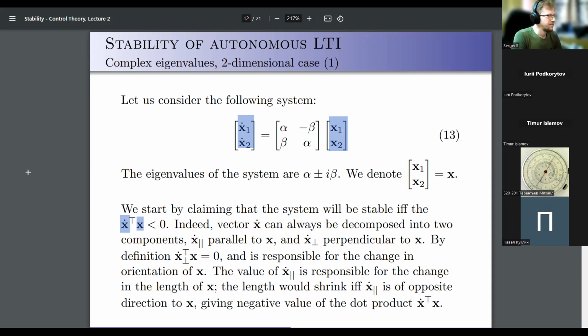How can we prove it? Well, x dot as a vector can be decomposed into 2 components. One component is x dot parallel, which is parallel to x. And another one is x dot perpendicular, which is perpendicular to x. So let me draw it for you.